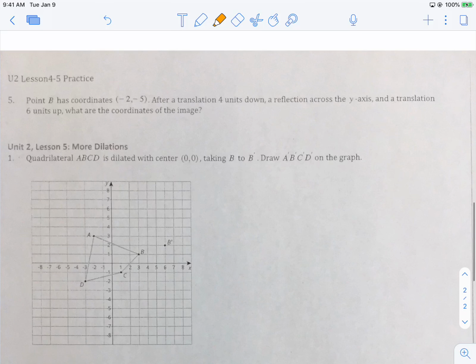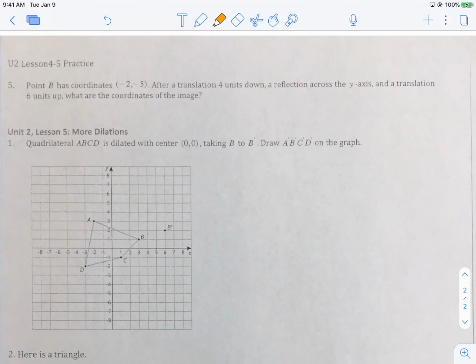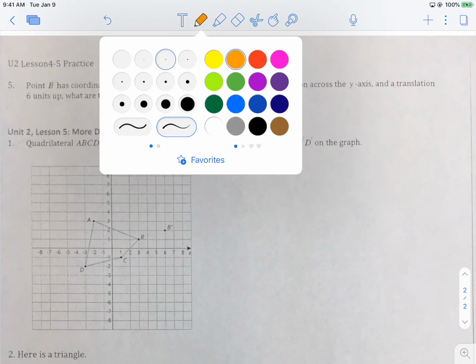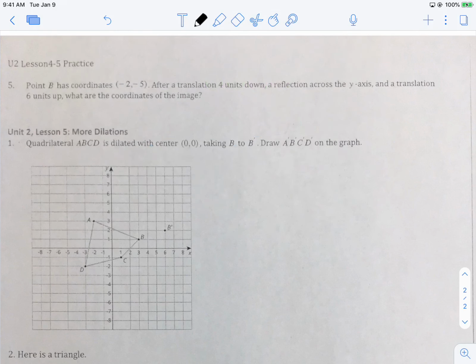All right, let's look at number 5. Point B has coordinates -2, 5. After a translation 4 units down, a reflection across the y-axis, and a translation 6 units up, what are the coordinates of the image? If we could do a quick little sketch of a graph, that would be helpful.